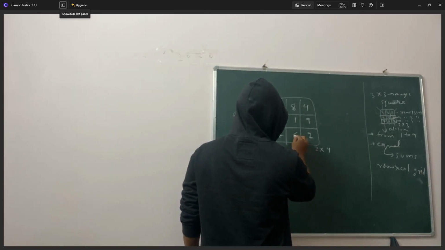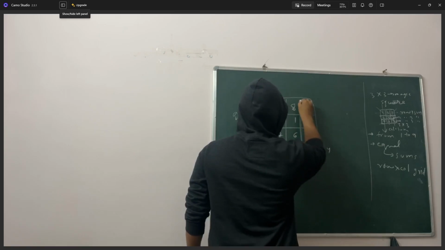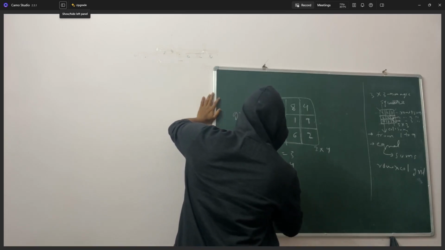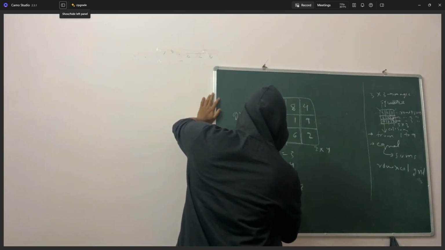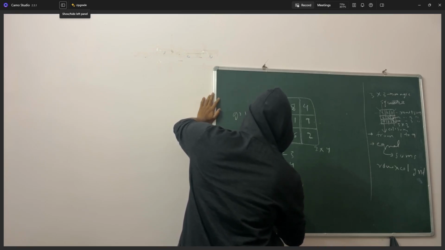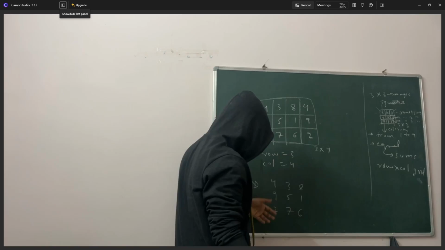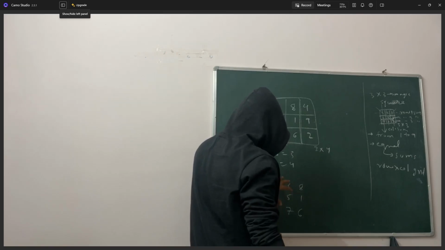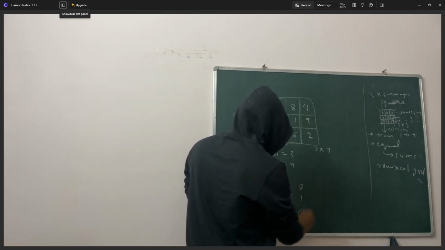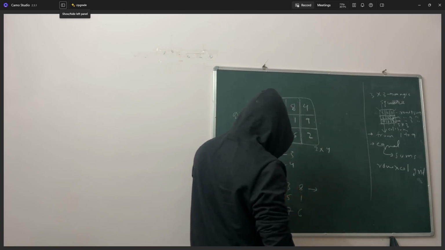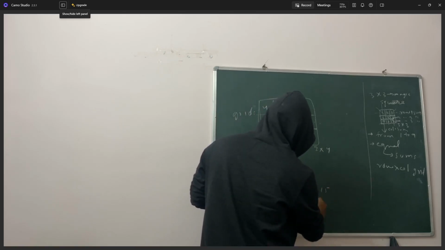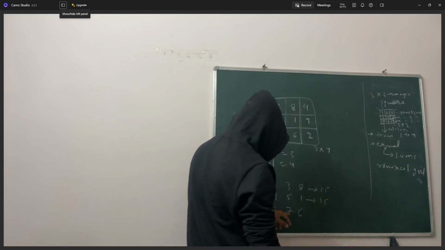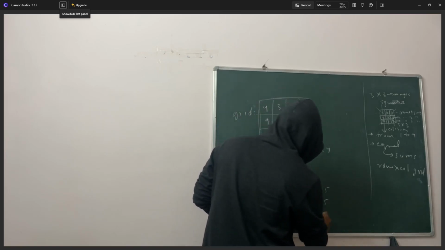So if you take this square, let me write it here one more time: 4 3 8, 9 5 1, 2 7 6. If you look into this, we have 1, 2, 3, 4, 5, 6, 7, 8, 9, so all the elements are unique. Let's find the sum of this row: 12 plus 3 is 15. This one, 9 plus 5 plus 1, is 15. This one, 2 plus 7 plus 6, is 15.